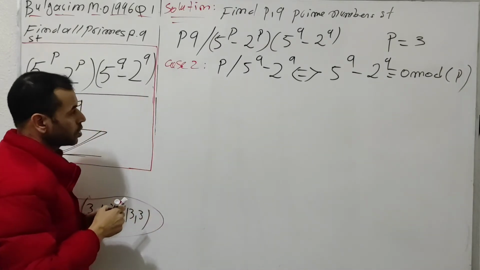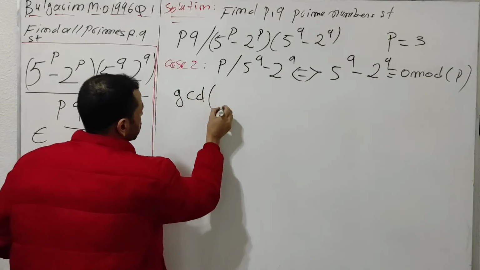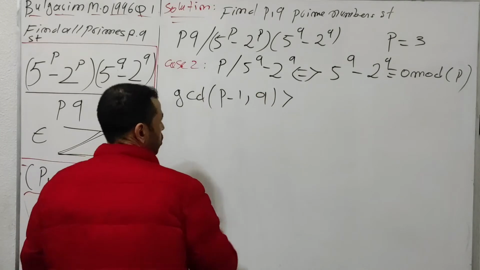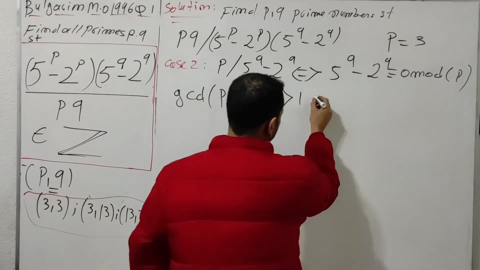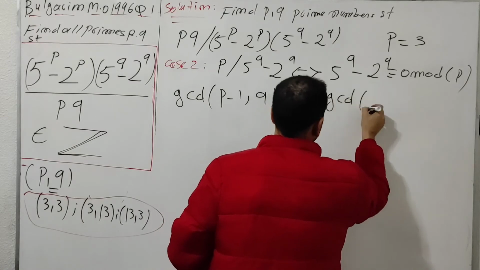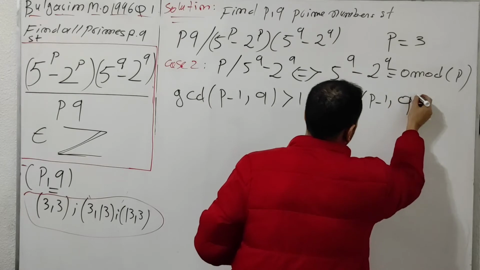So in this case we are going to see the GCD of p minus 1 and q, either strictly greater than 1, or the GCD of p minus 1 and q equal to 1.